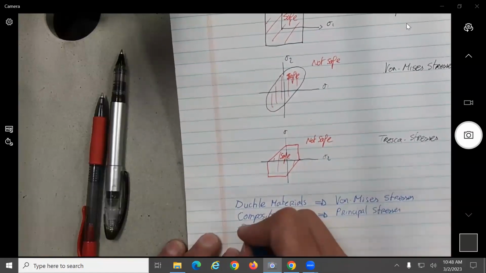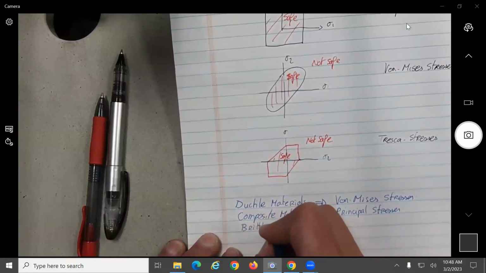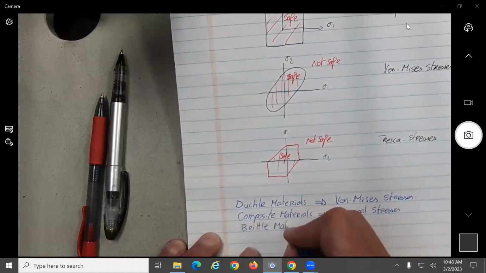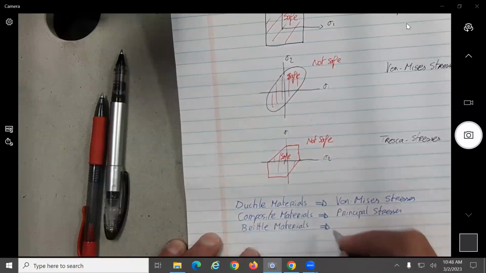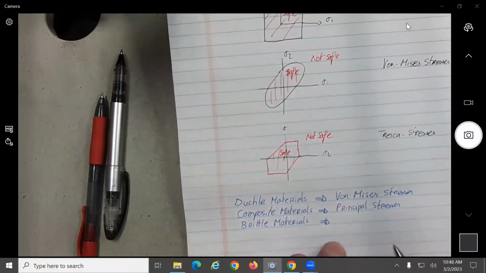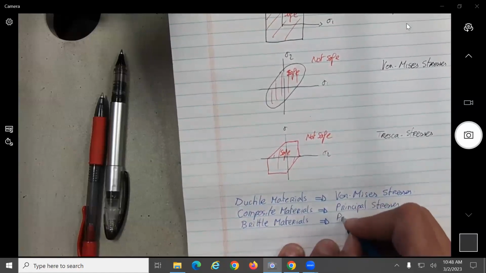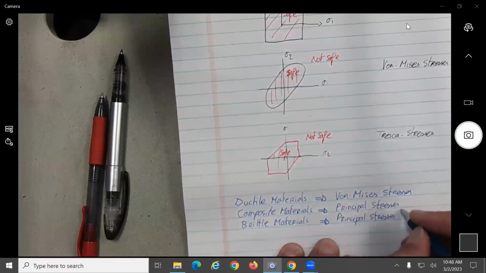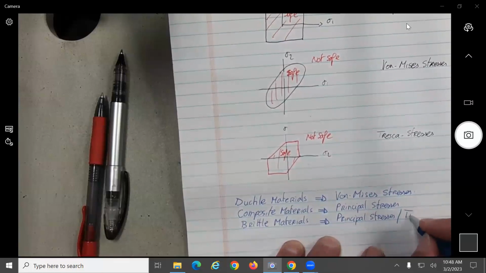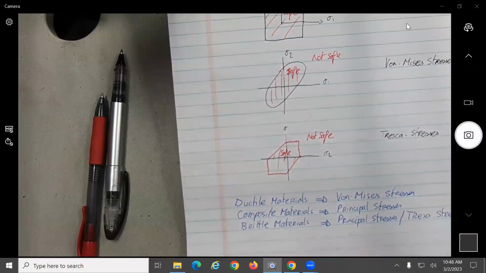But I think I might change or add something from what I did before. For building materials, I also recommended the principal stresses, but here I'm going to add that I'm using the Tresca stresses, for the reason you just gave. It's the most critical.